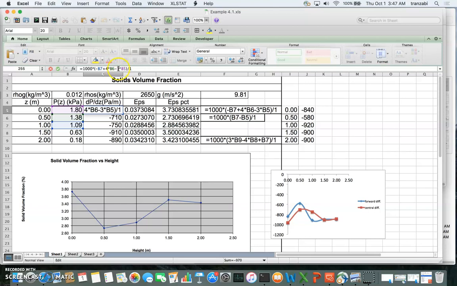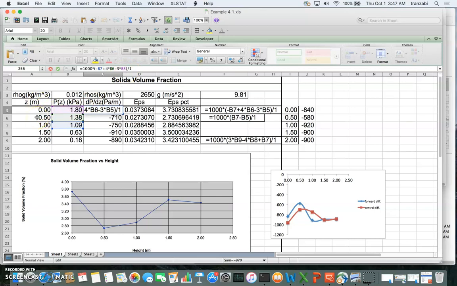We can start from here: minus 3 times the function value at the current point, which is the purple cell. The purple cell is sitting at the same z value as the cell that I'm calculating the dp dz. The next term is 4 times the green cell, which is the next point, and then minus the blue cell, which is the next point after that. That's exactly identical to the equation on page 83. Then divide by 2 del x, because my del x is the difference between two x values, or z values.